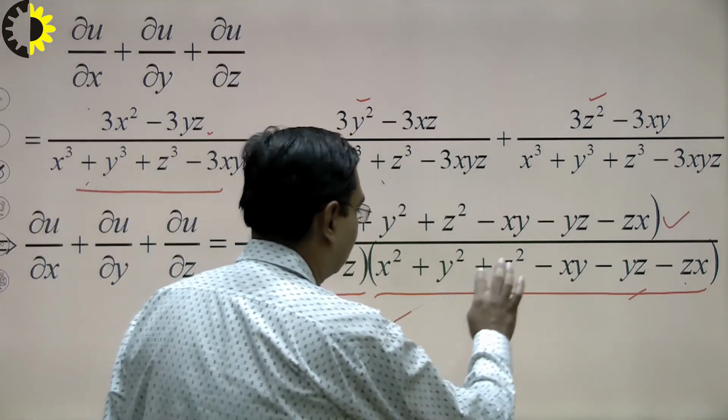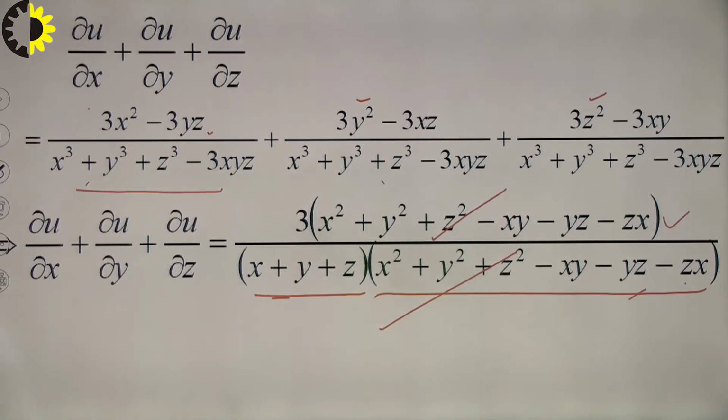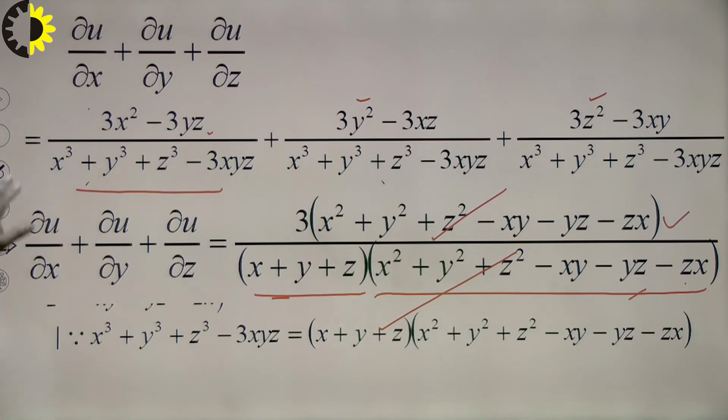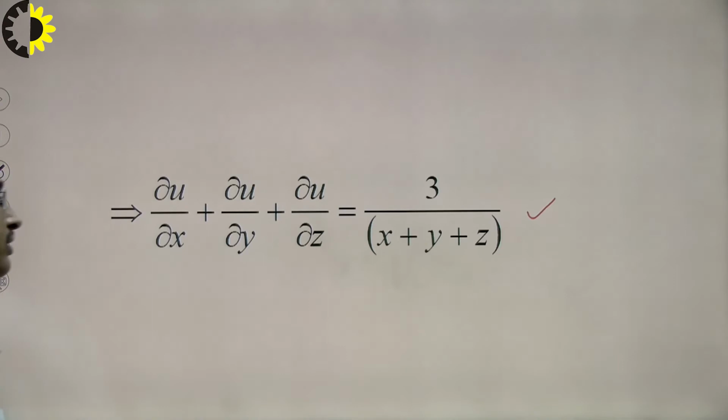These two factors are exactly the same and cancel out, and therefore I obtain del u over del x plus del u over del y plus del u over del z equal to 3 upon x plus y plus z.